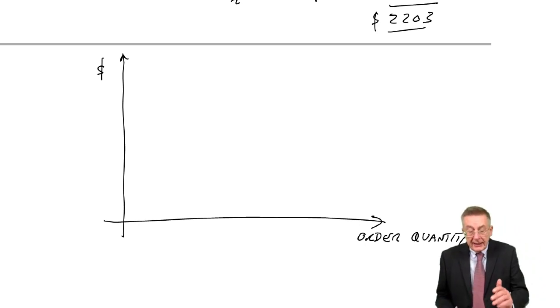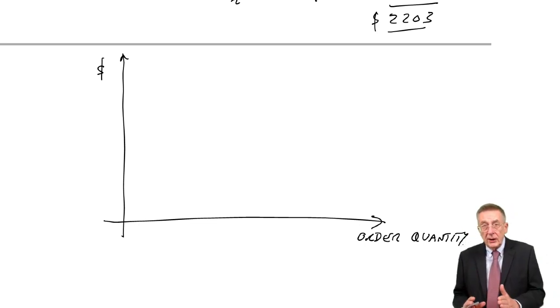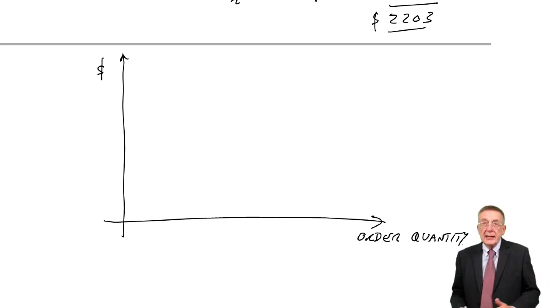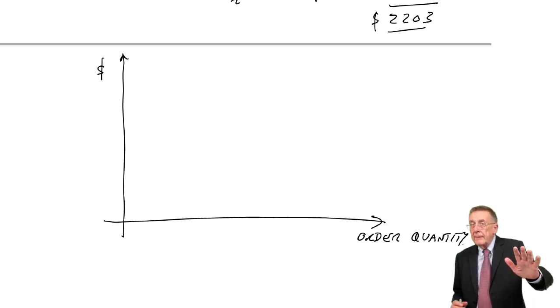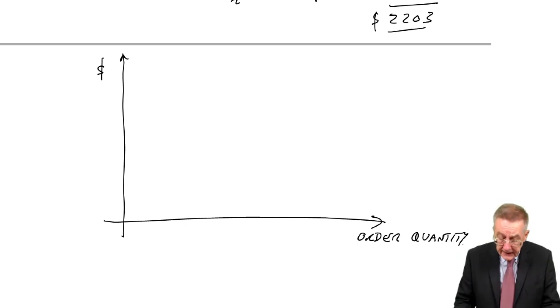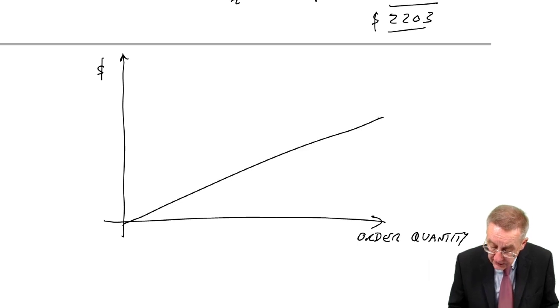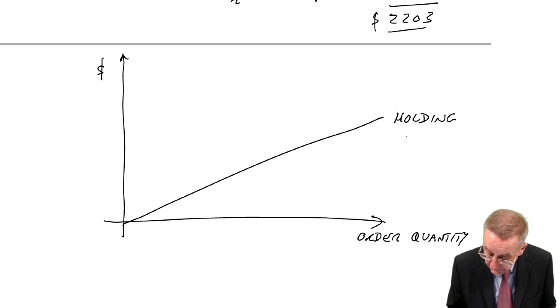But do appreciate that, first of all, the holding cost, the more you order each time, the higher the average inventory, therefore the higher the holding cost over a year. The holding cost per annum will go like that.